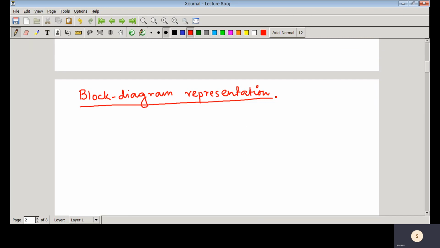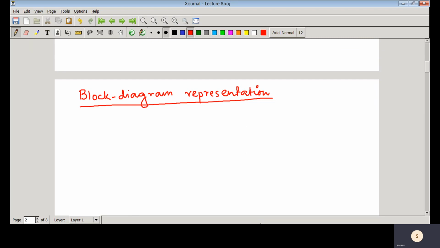The common elements in block diagram of most control systems include comparator, then blocks representing individual transfer functions.